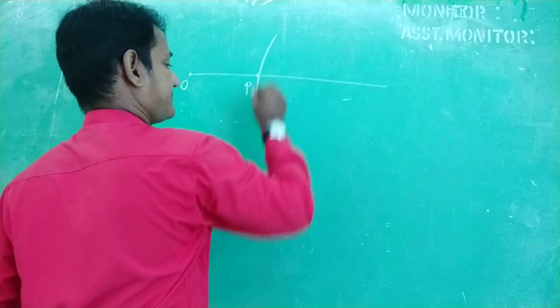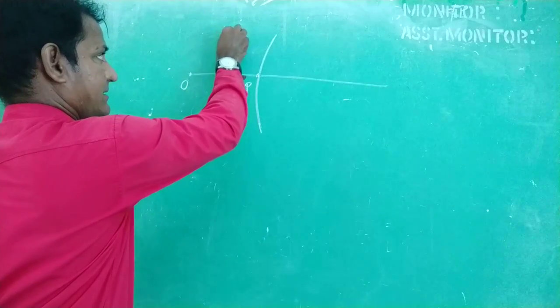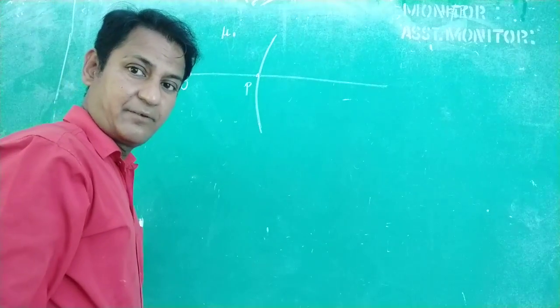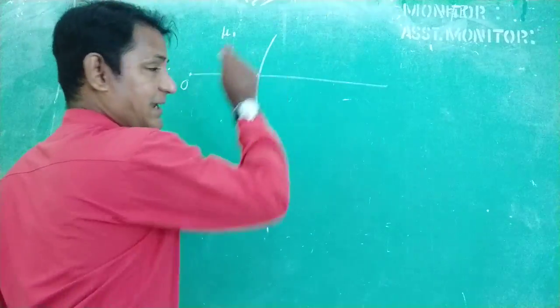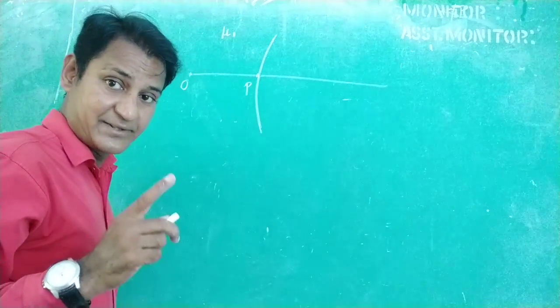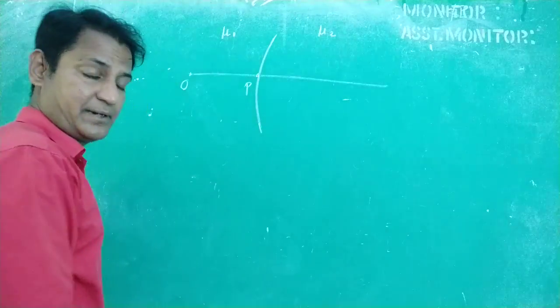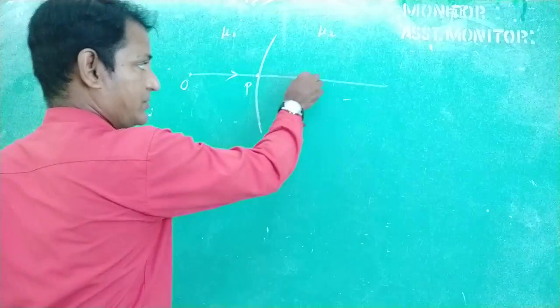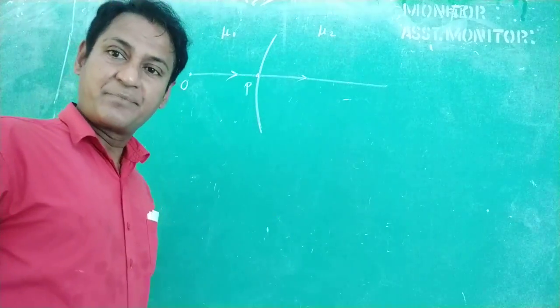Now let us take this as refractive index 1 because it is a rarer medium, and the lens as another medium, which is denser, so let us take that medium as mu2. The light ray passes through like this, so at the pole it will pass straight.